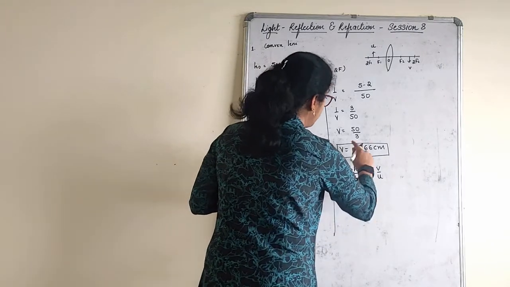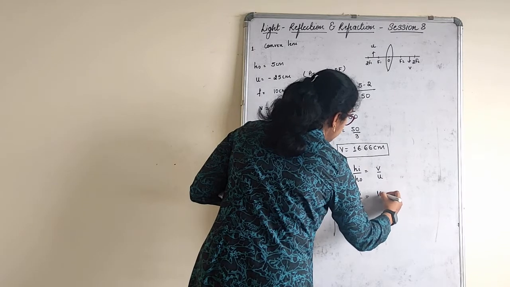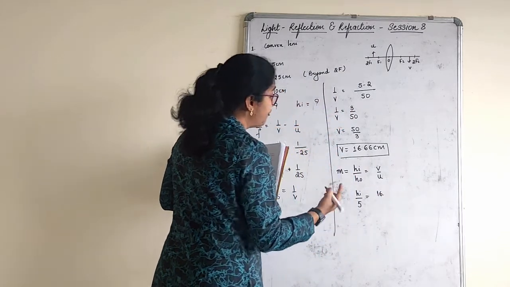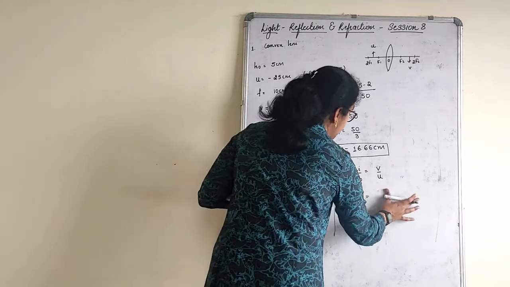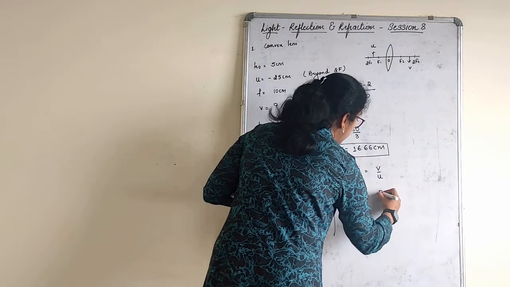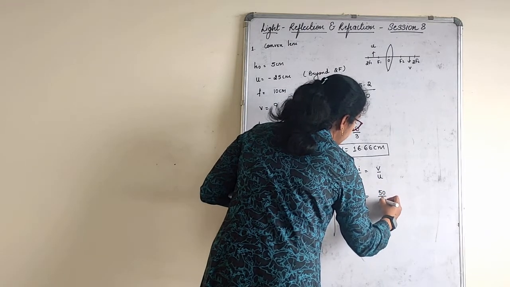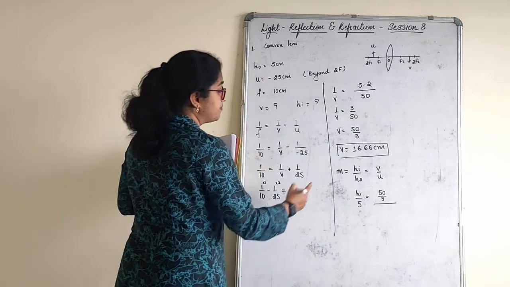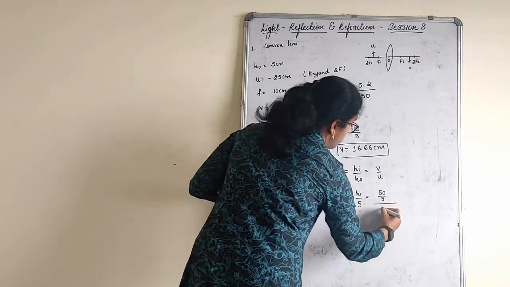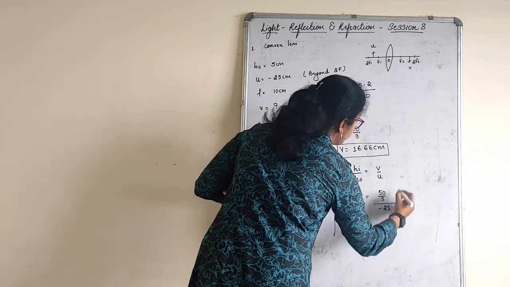Is equal to v. V is 16.6 you want or 50 by 3 you want? Shall we write this as 50 by 3? Easy for calculation. 50 by 3 whole divided by u. U is minus 25.